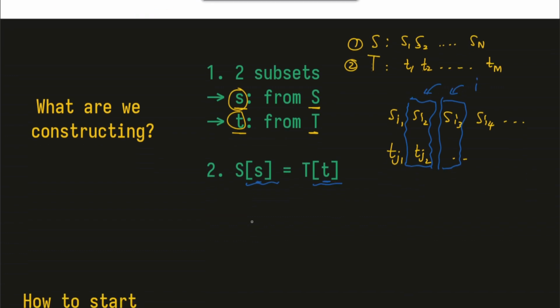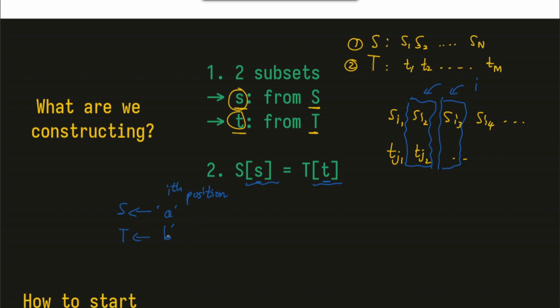So if you are selecting a subset where the character from S at that particular position, the ith position, is, let's say, A, and in T there is a B present, then this cannot be taken as a common subsequence.